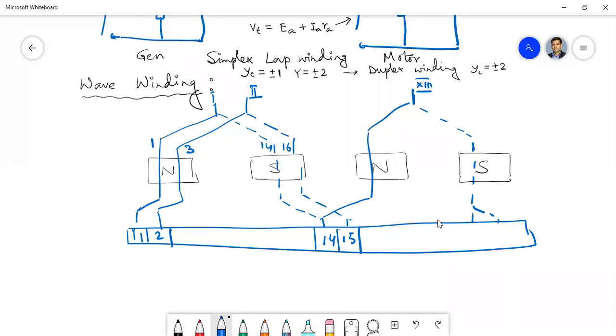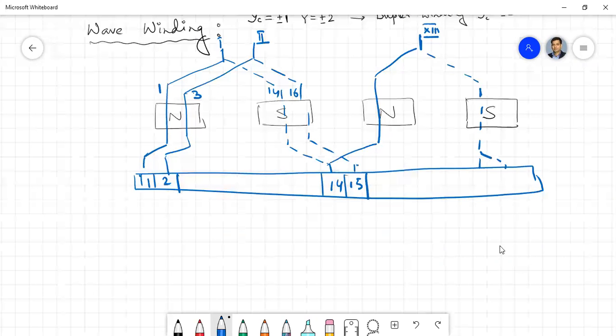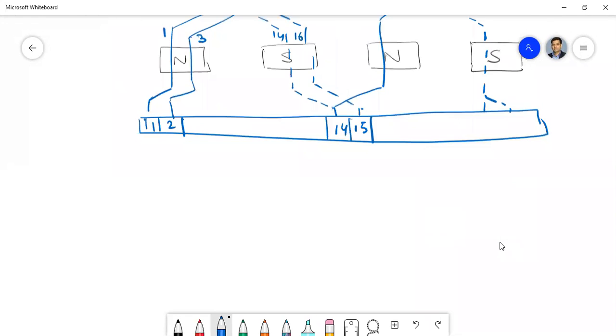Now let us take some example, otherwise you will not understand clearly. But before the example, I will show you the formula used for wave winding. The same back pitch formula is also applicable here. That is YB.